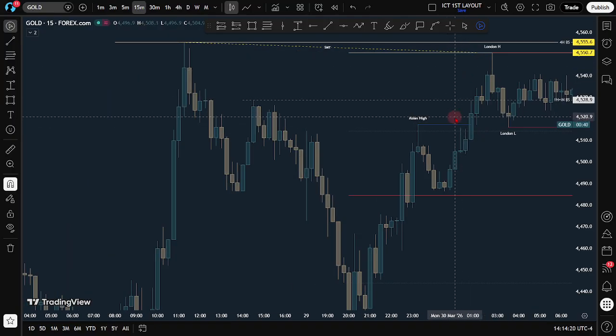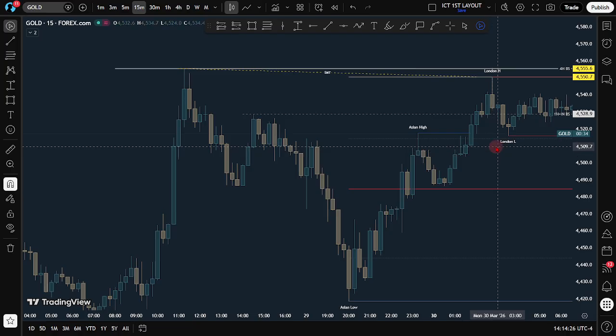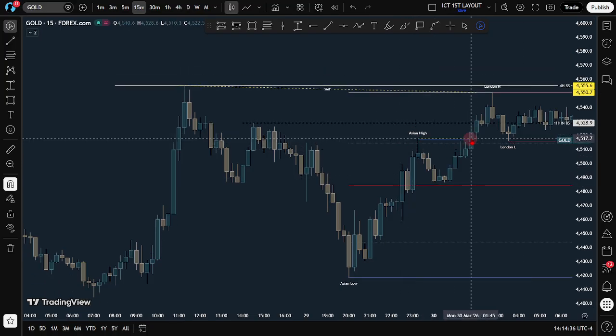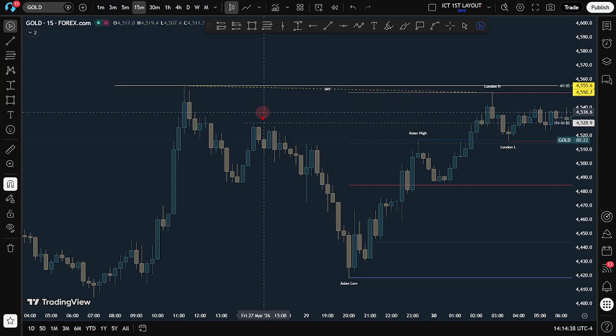So that's why I never participated in any trade here. At the time I showed up at the chart, price was exactly at 2:45 here. That's when I started analyzing. So I came to see when price had already swept the Asia high, and this is the 1 hour internal buy side liquidity.